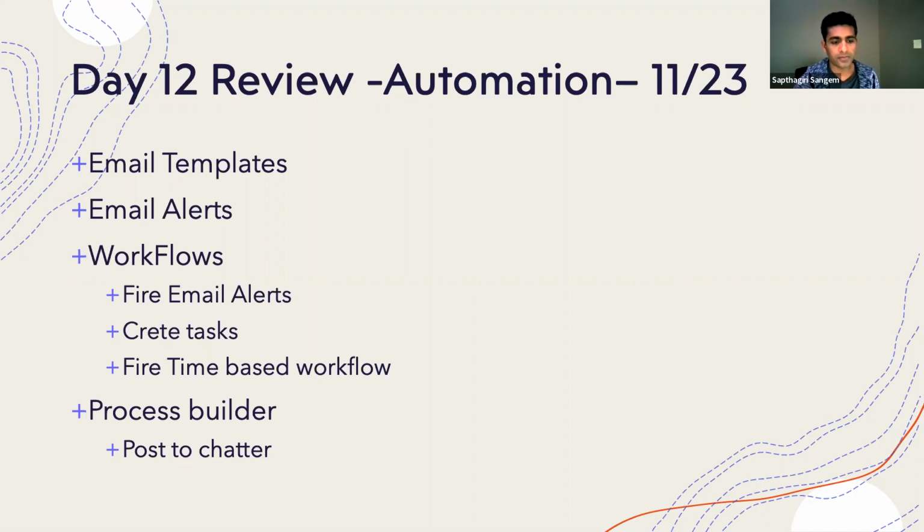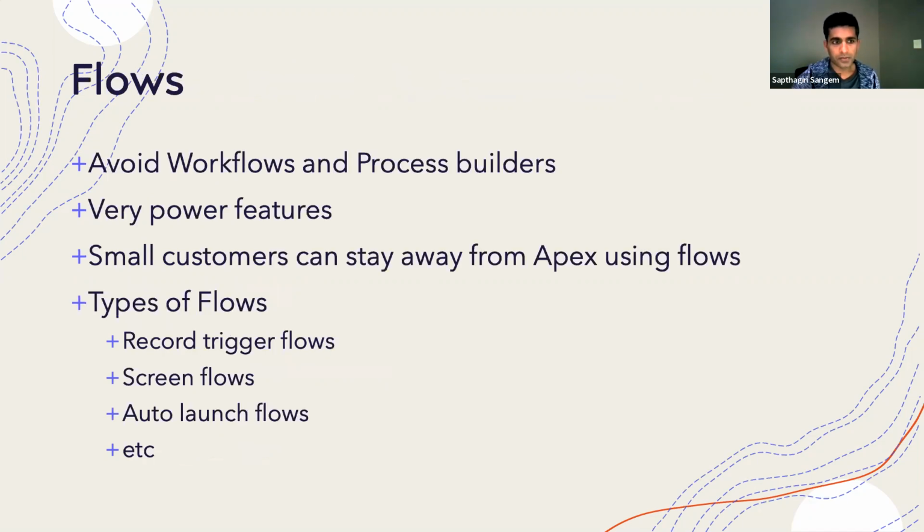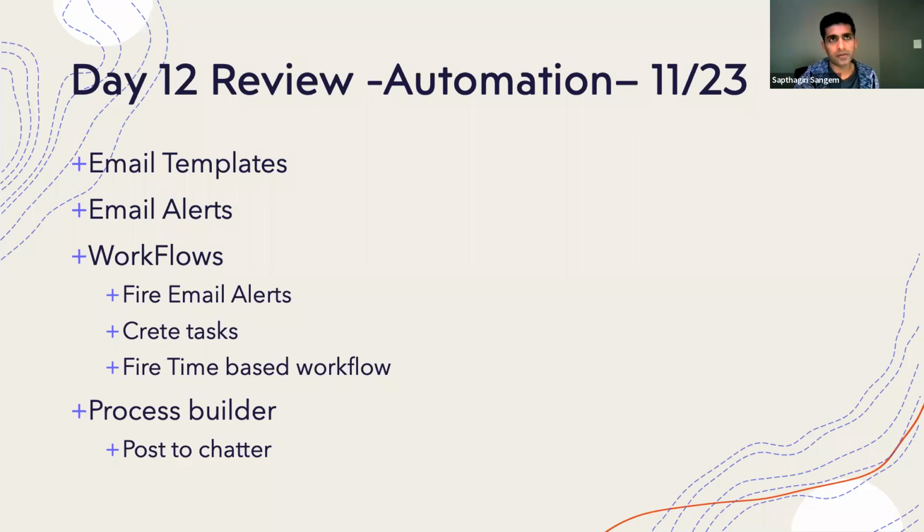When you send custom notifications, you see them right there, like how you get a notification when an email comes in. You can also create cross-object records with process builder, which you cannot do with workflows.